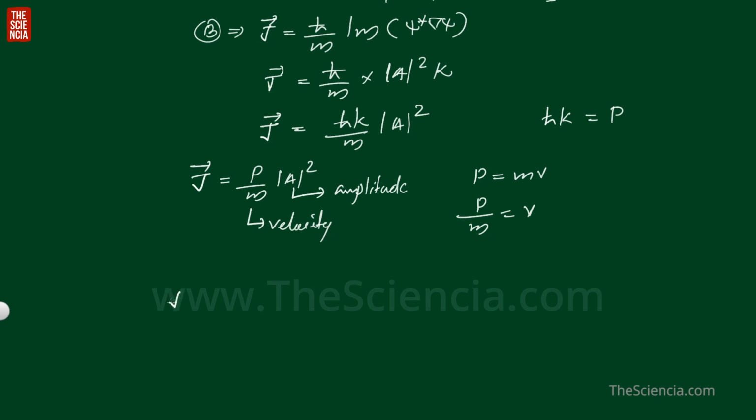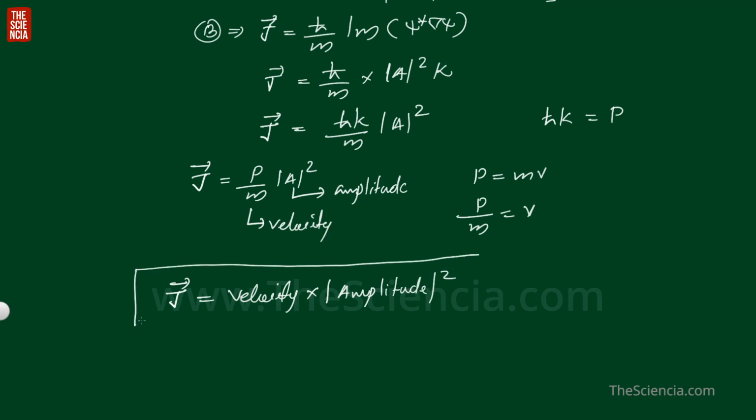So we can write J is equal to velocity into modulus of amplitude square. So this is the expression C, the third expression for finding the current density.